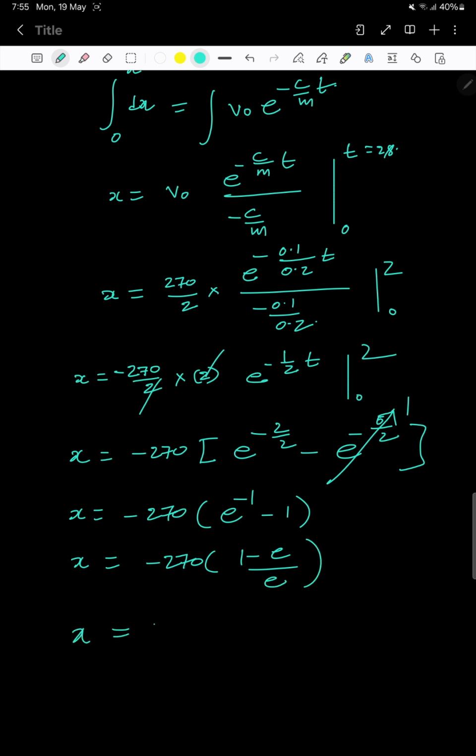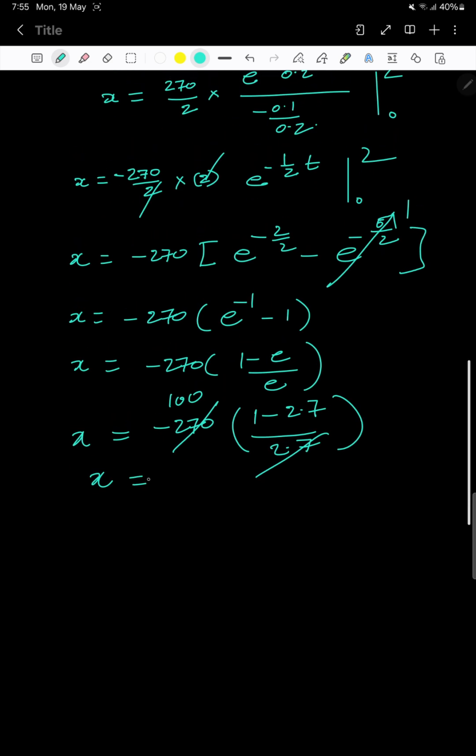So x is equal to minus 270 into 1 minus e upon e, and as per the given data the value of e is 2.7. 270 upon 2.7 is 100 times, so x is equal to minus 100 times 1 minus 2.7, which is minus 1.7.